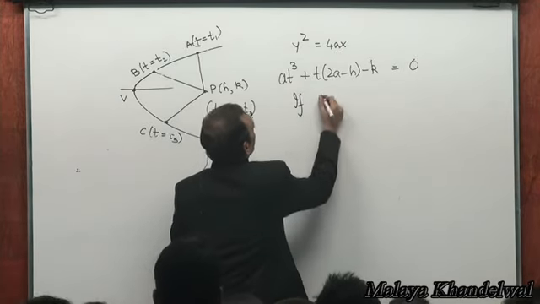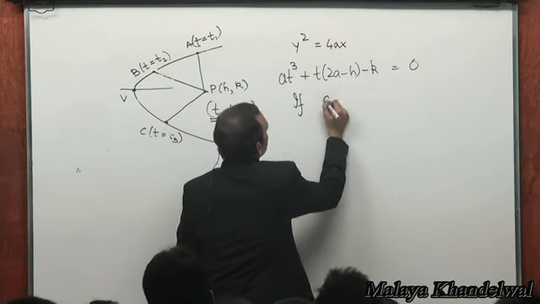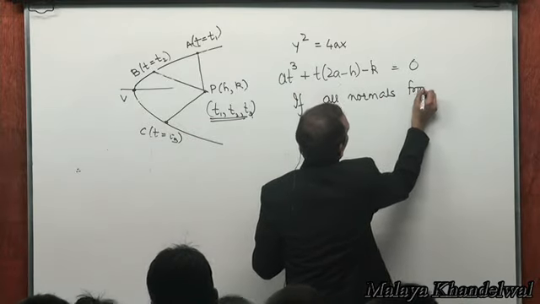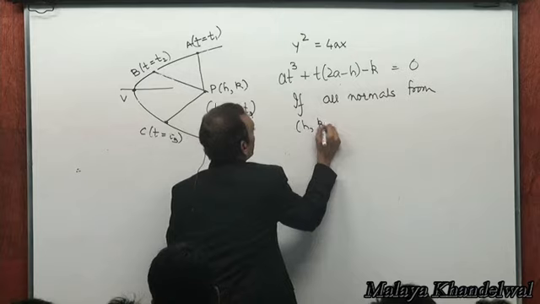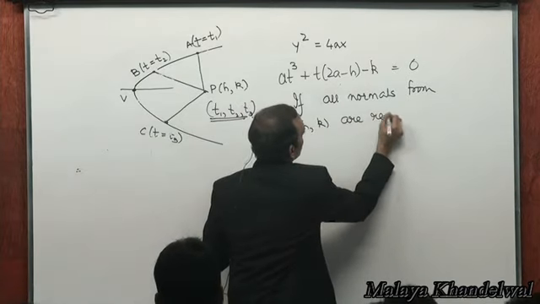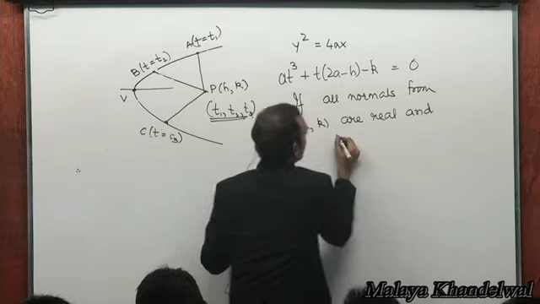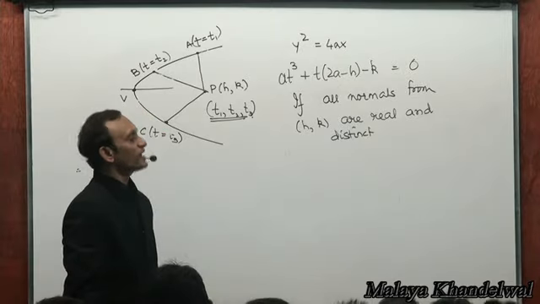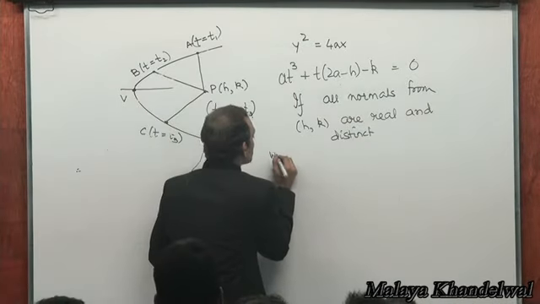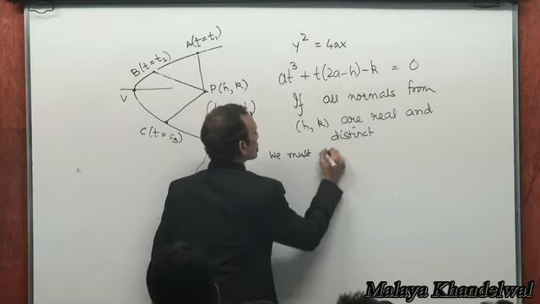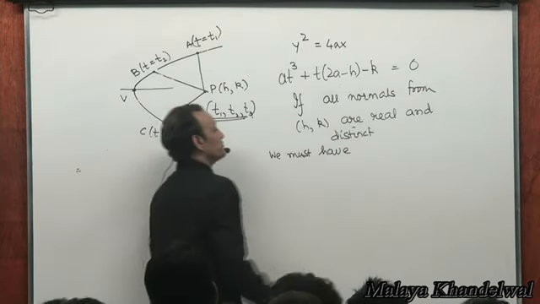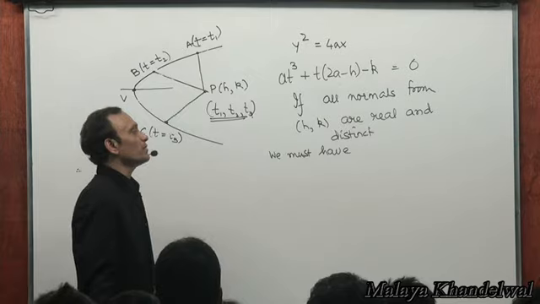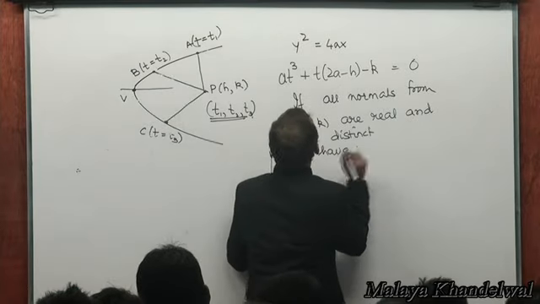If all normals from (h, k) are real and distinct, we must have, and I will have to keep this in a black box for the time being, but when we come to details of calculus, I'll surely tell you how this came about, the following two conditions.